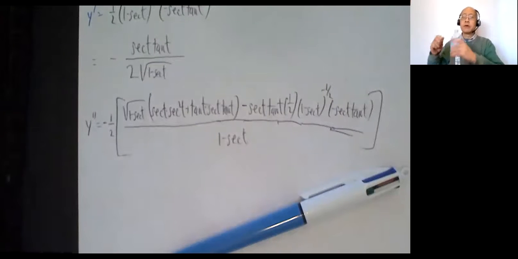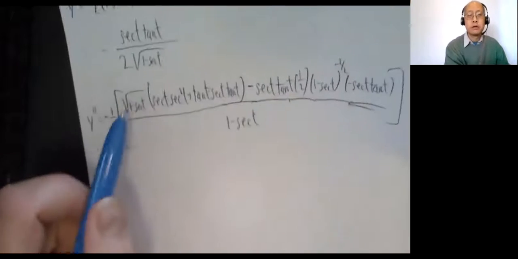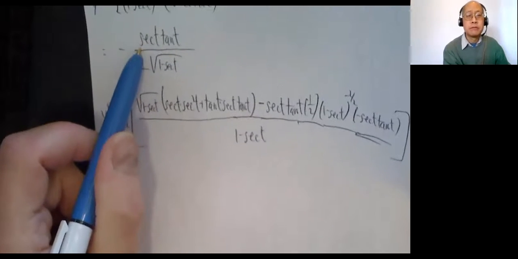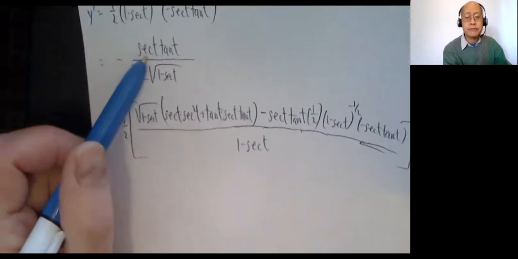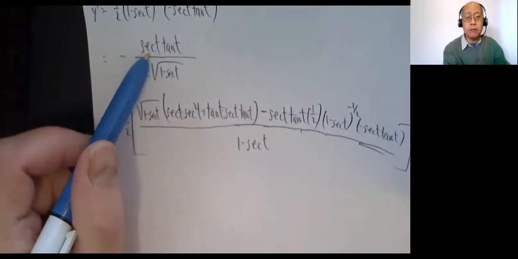Okay, so here we go. It's bottom times the derivative of the top. So bottom. Now the derivative of the top, secant t tangent t, that derivative is a product. So I need the product rule for that.